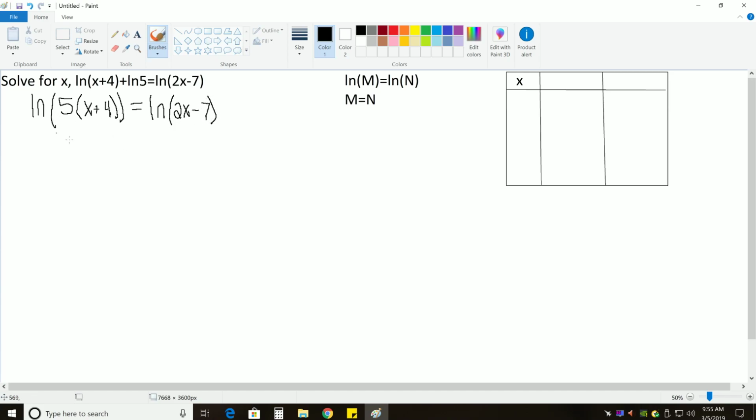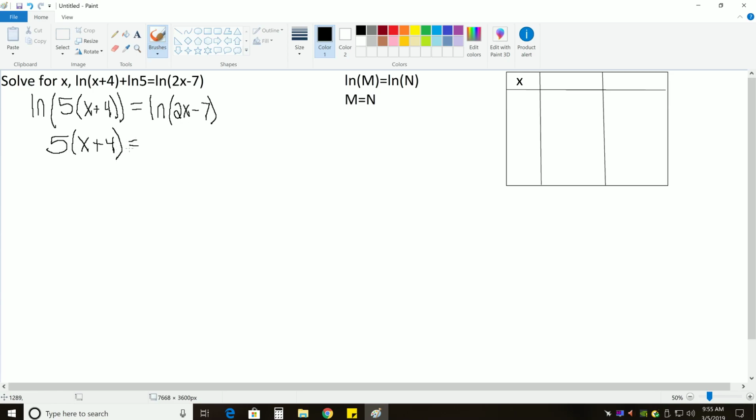Now that we've condensed the two logs on the left side, we now have our formula, one log equal to another of the same base, which means we can now set the insides of the logs, meaning the 5 times the quantity of x plus 4, equal to each other.